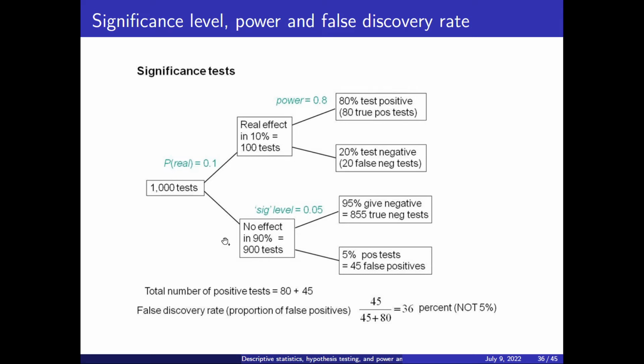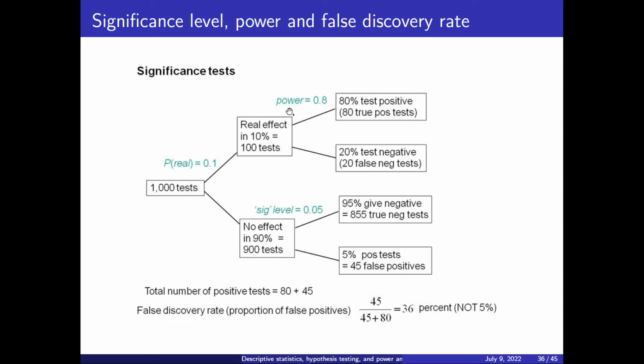So you design your experiment to have, for instance, a significance level of 5%, so a false positive rate of 5%, and you design to have a statistical power of 80%, so a false negative rate of 20%.